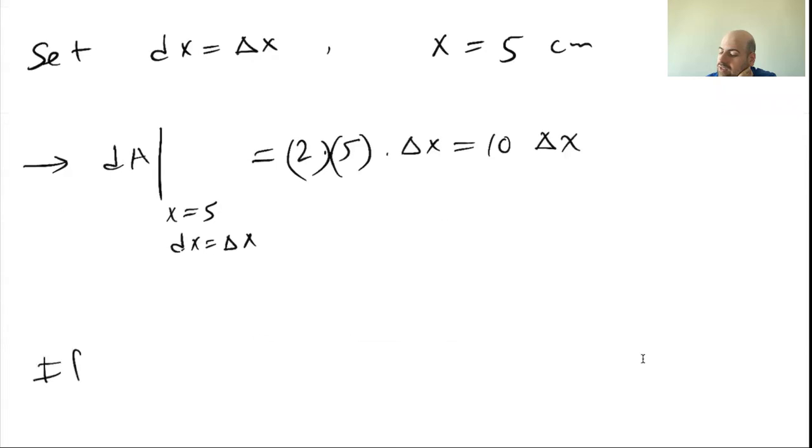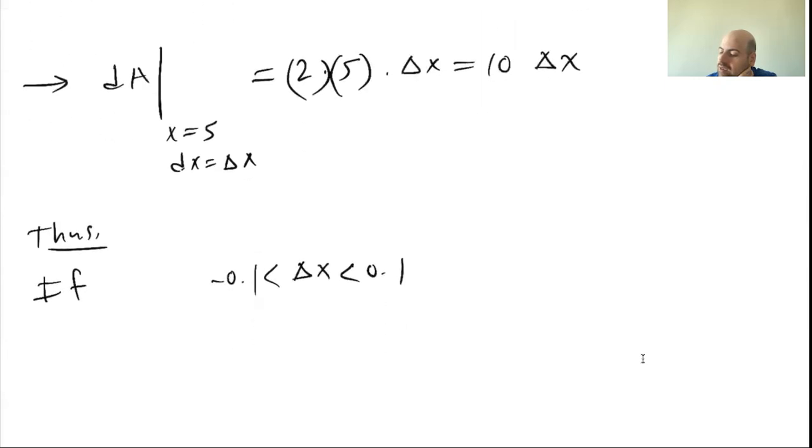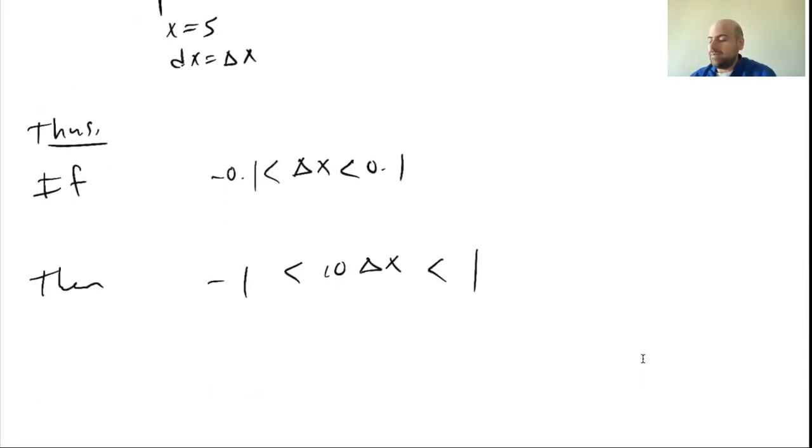So what can I say? If delta x is between minus 0.1 to 0.1, then we can say that dA, which is 10 delta x, will be between minus 1 to 1. So that means dA will be between minus 1 to 1.